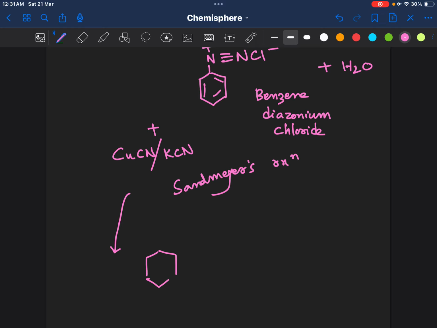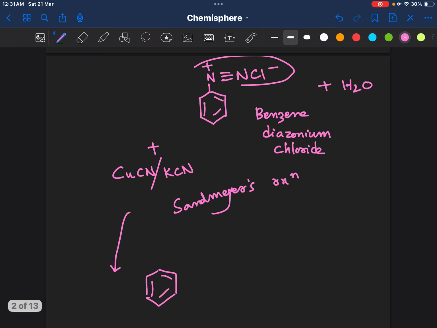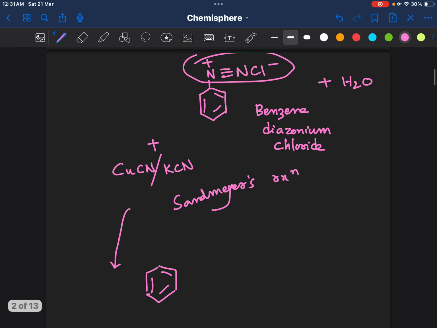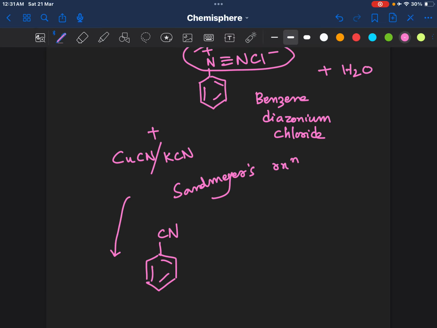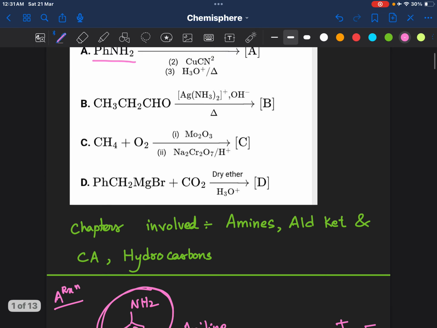The diazonium group got substituted by the cyanide group, and nitrogen gas comes out. This is known as benzonitrile.